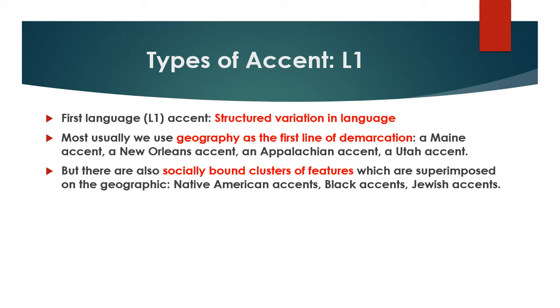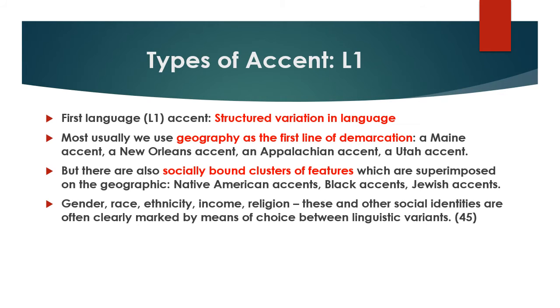So our accents, our language differences, are due to a lot of reasons. Our geography, our social identities, our gender, ethnicity, income, even religion. All these things are also a factor in our language differences.